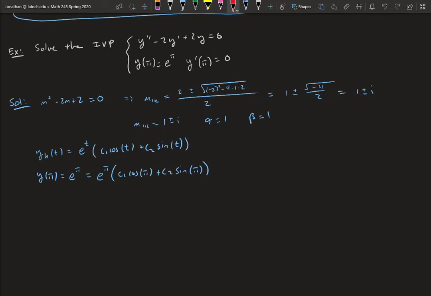Sine of pi. 0, yes. What is cosine of pi?